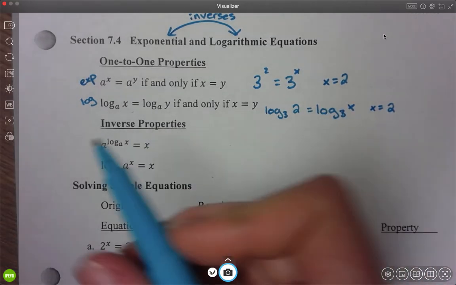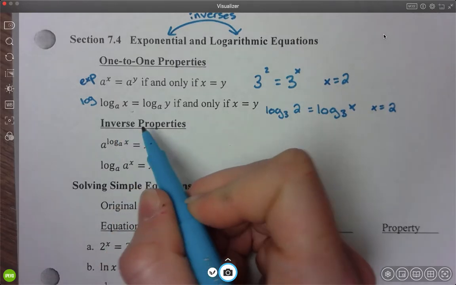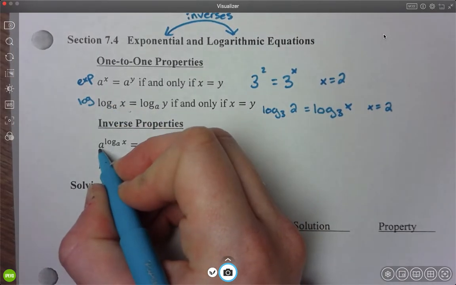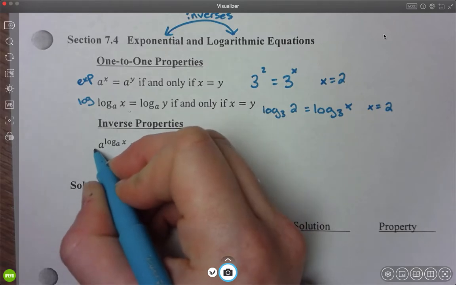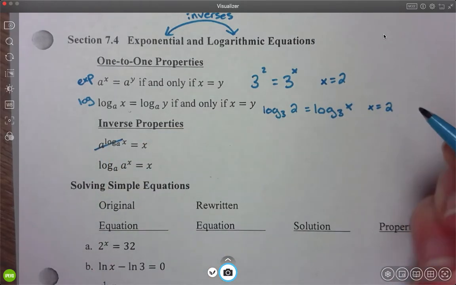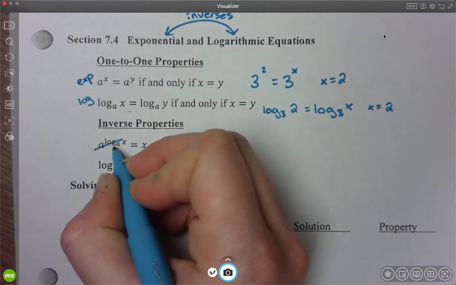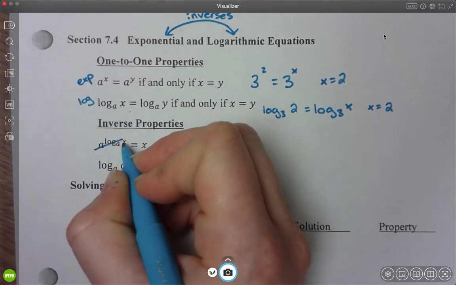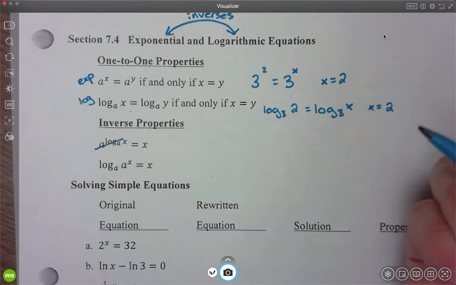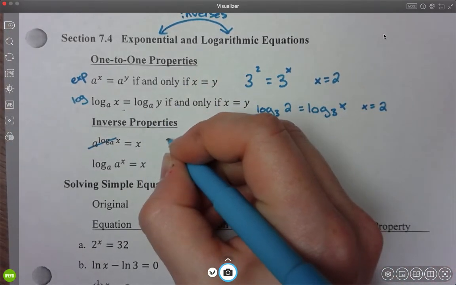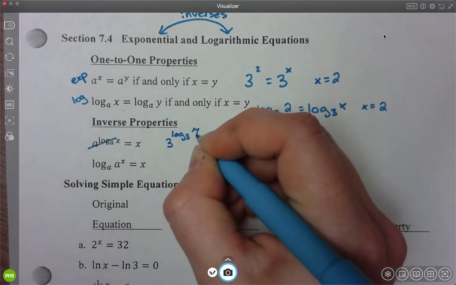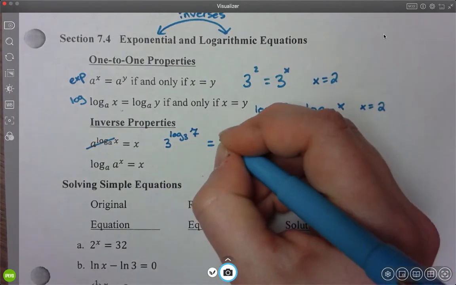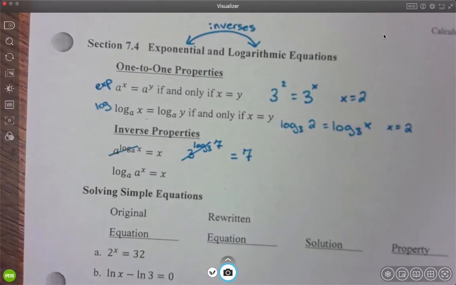But then you also have inverse properties. This one starts with an exponential function and then it has the log in the exponent. Those two things will cancel with each other as long as the bases are the same number, and x will be equal to x. So an example of that would be 3 to the log base 3 of 7, which would be equal to 7, because these two parts cancel out and 7 is all that you have left.